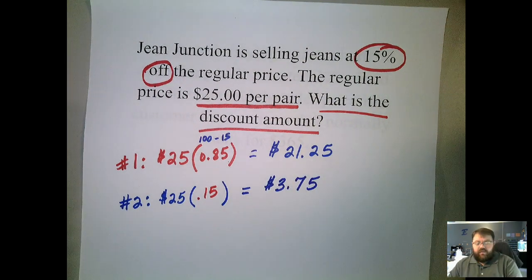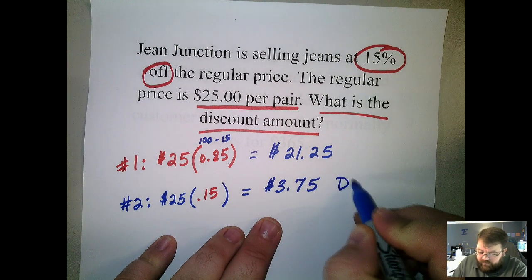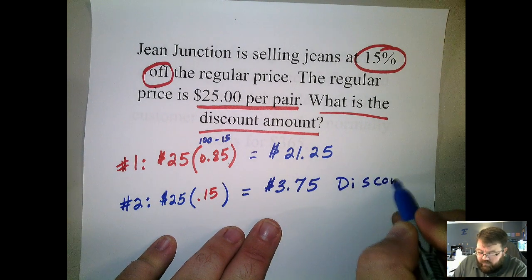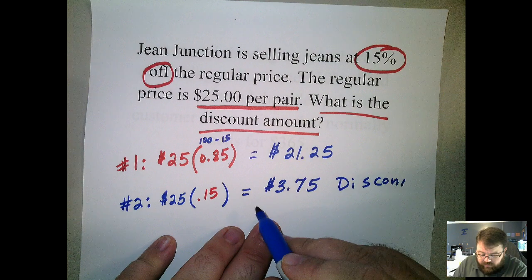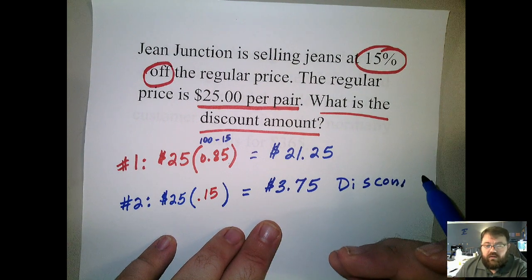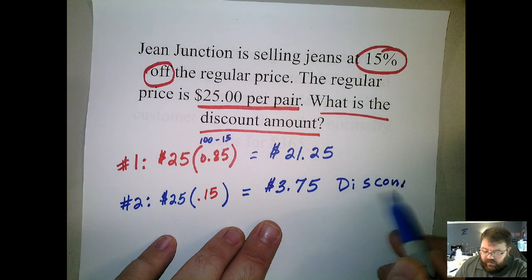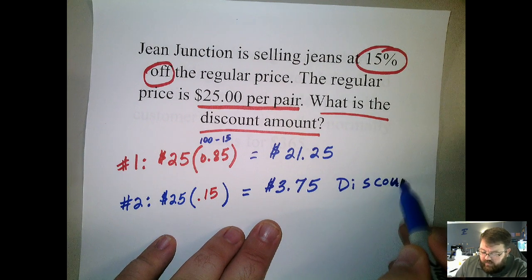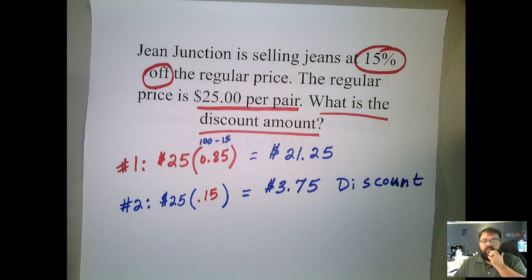$3.75. This is the discount, okay? This is not the discounted amount or the price of the jeans. This is just how much they're taking off of the price.